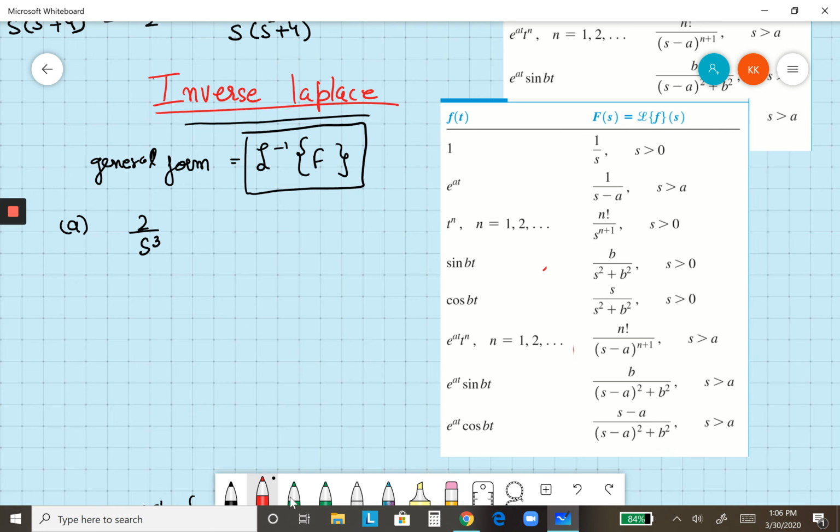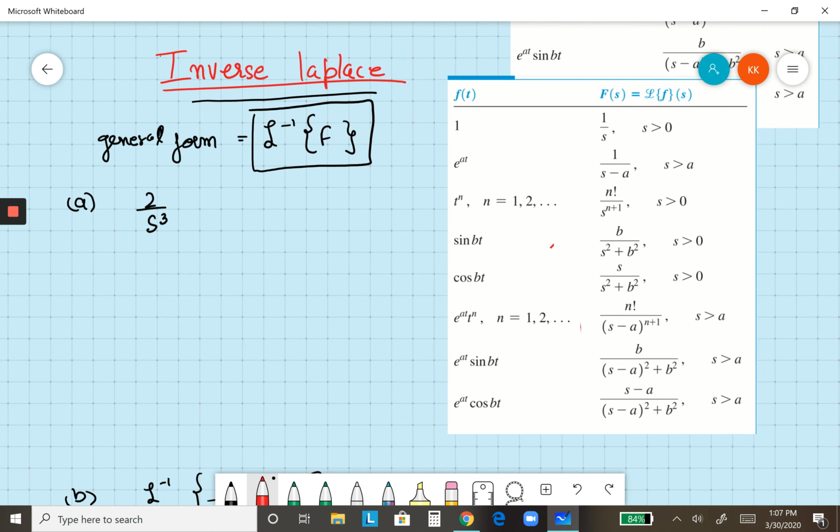first problem, it's 2 over s cubed. So from s cubed, we can see that we don't have s cubed anywhere unless we add it. So it has to be n factorial over s to the n plus 1.